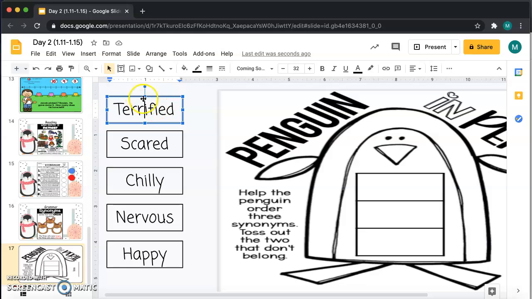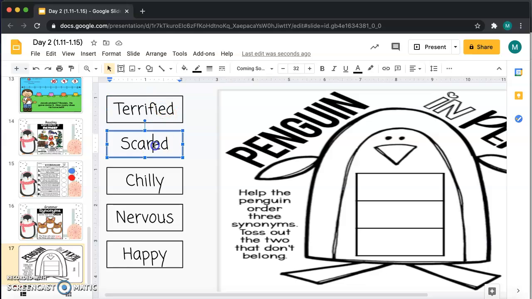So these words right here, you're going to move them in this box right here, like this, okay? So there will be 3 of them that mean the same thing. 2 of them will leave over here, okay? You won't put them in the penguin belly, okay?